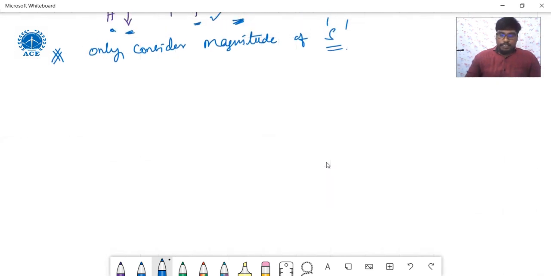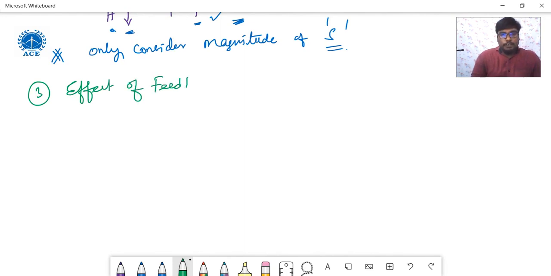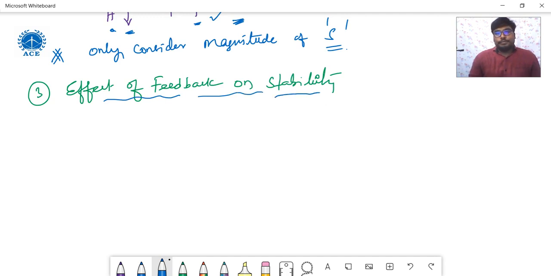Now we'll see the stability. So third one, effect of feedback on stability. Now see here, what do you mean by stability?